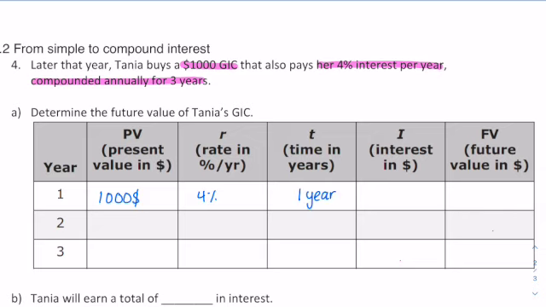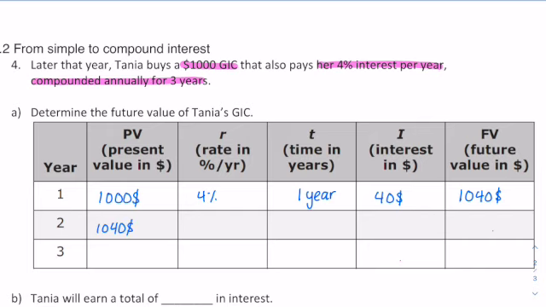If you calculate 1,000 times 4% times 1 year, you will get $40. Her future value is then $1,040 after 1 year.